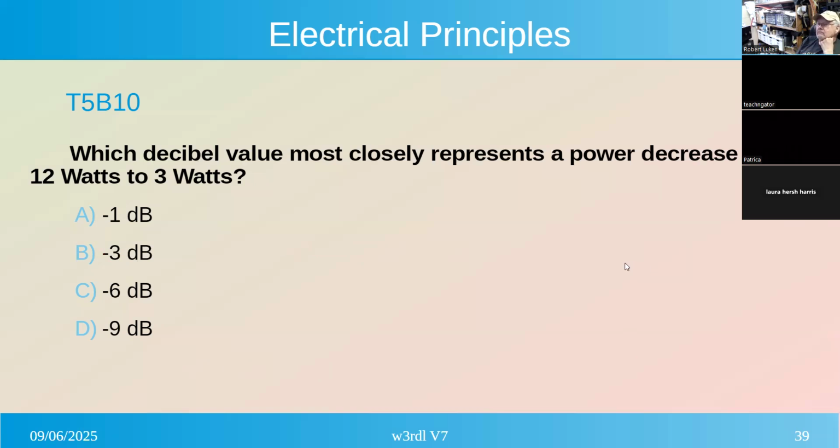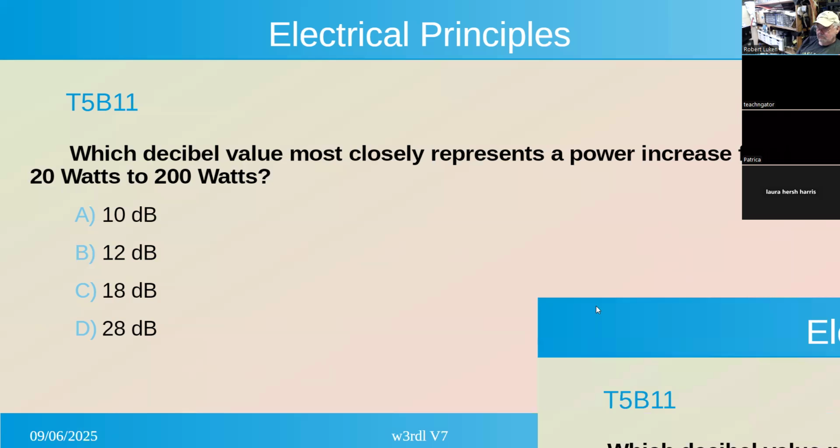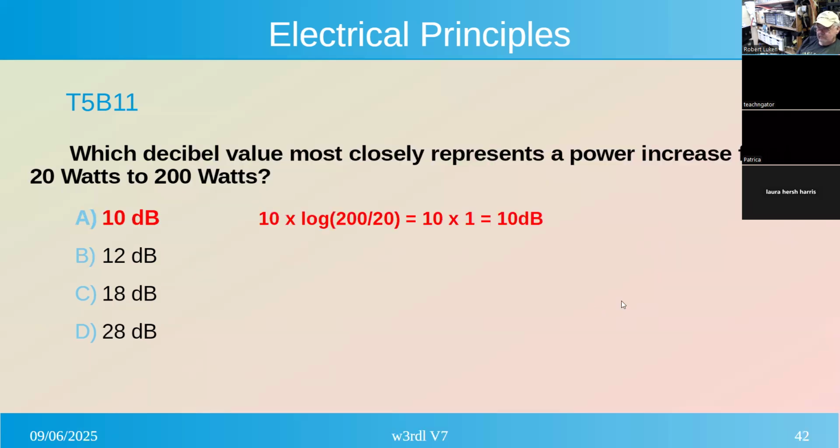Negative Charlie. Which decibel value most closely represents a power increase from 20 watts to 200 watts? Alpha. Very good.